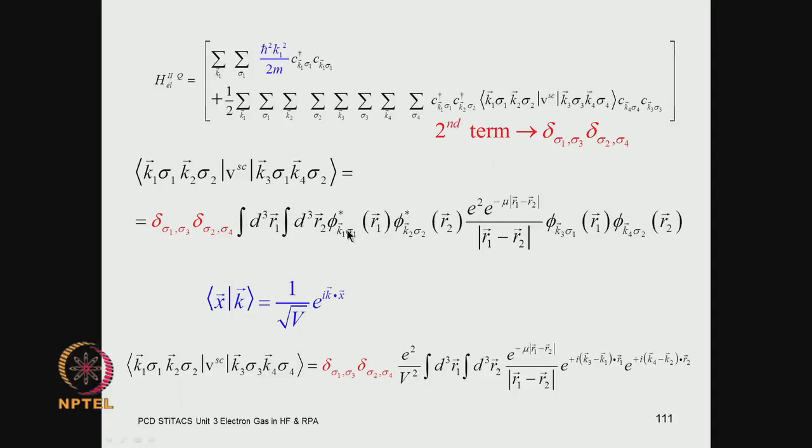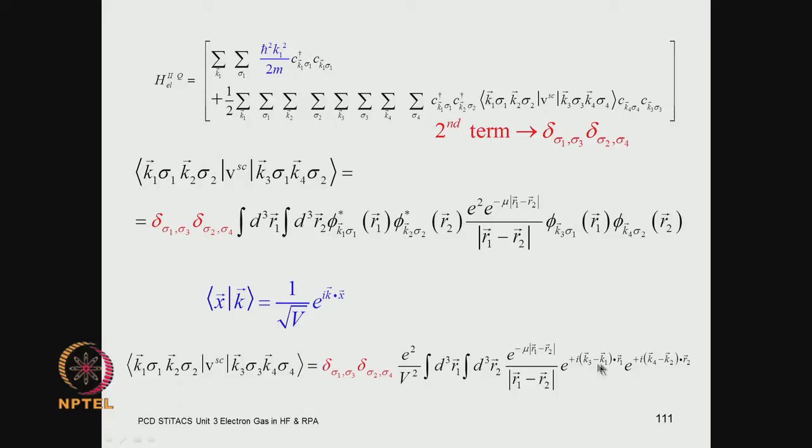So we have got 4 plane wave functions, 1, 2, 3 and 4, each coming with a factor of 1 over root V. So, you get 1 over V square, and then you have got the e square coming from here, the 2 Kronecker deltas descend over here, and then we are left with these plane waves.